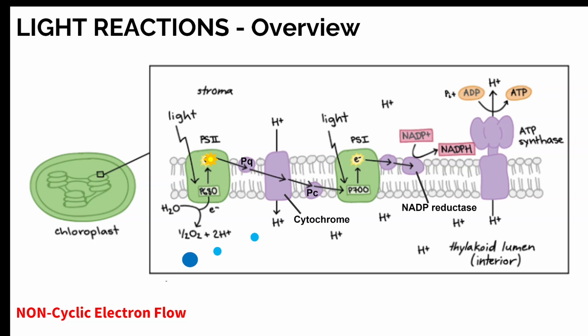So it's going to go through our first peripheral protein called plastoquinone, and then it's going to go through another one called cytochrome. But as it's going through all of these peripheral and then the integral proteins, it is going to be losing energy. As it goes through cytochrome, a lot of that excited state of the electron, it's passing off its energy in order to pump a proton through the membrane.